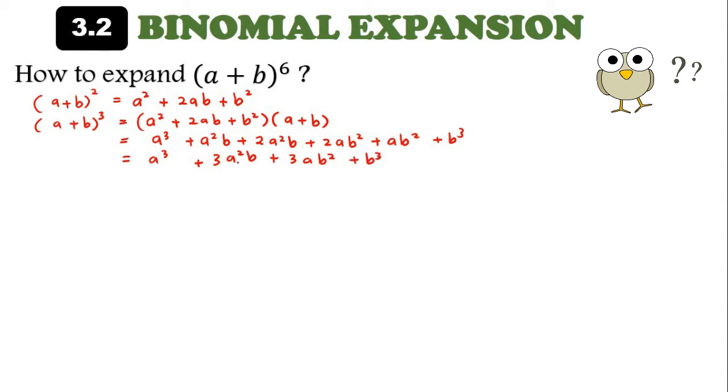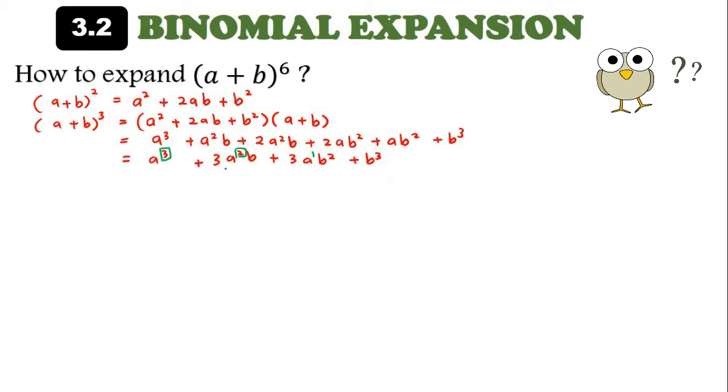Alright, so here please note that in fact the power of a is decreasing. If you notice, this one has a to the power of 1, right? And this one is a to the power of 0. That's why we didn't write a at all there. And then the power of b is increasing as well.